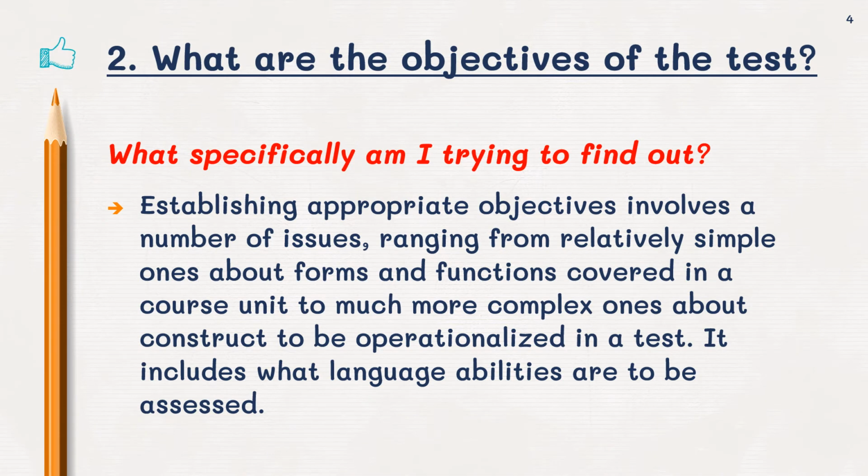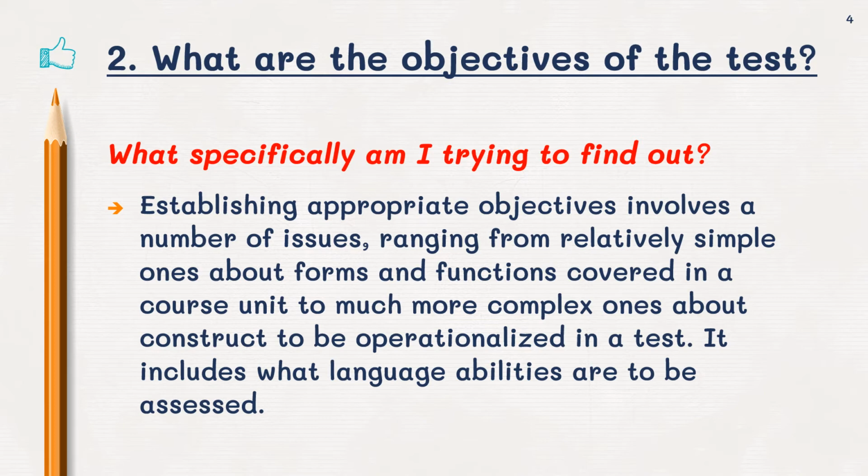The next critical question we need to understand is about the objectives of the test. What is actually the objective of the test? What specifically am I trying to find out by providing the test? Establishing appropriate objectives involves a number of issues, ranging from relatively simple ones about forms and functions covered in a course unit to much more complex ones about constructs to be operationalized in a test.